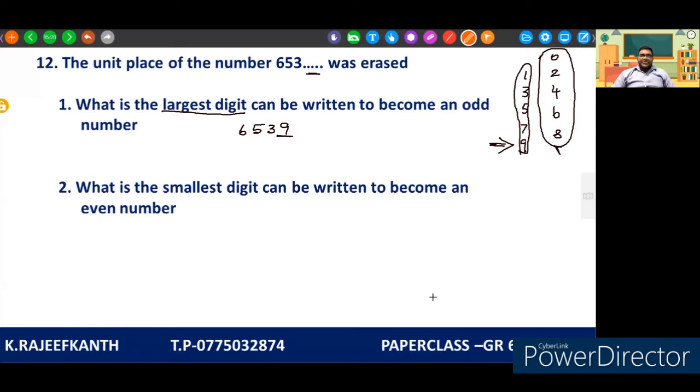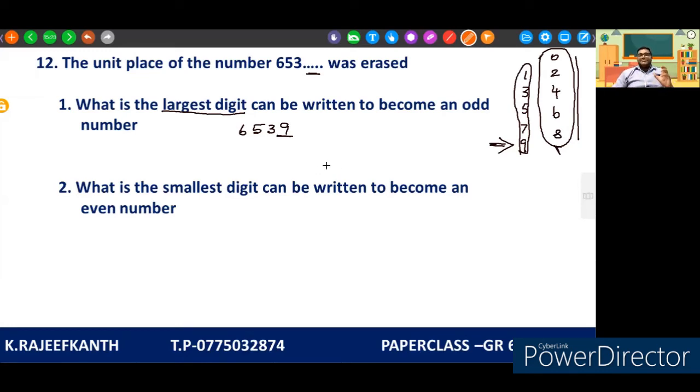And the second question. Can we write only 9? Yes, you have to write only 9. What is the smallest digit that can be written to become an even number? Here, if the last digit of that number is 0, 2, 4, 6, 8, then that number will be an even number.